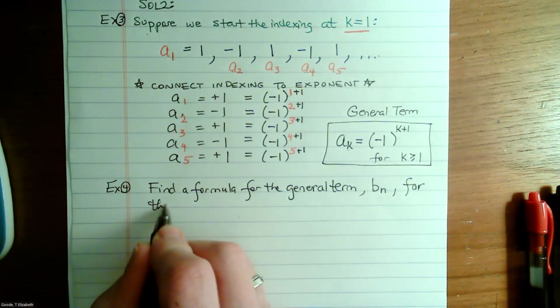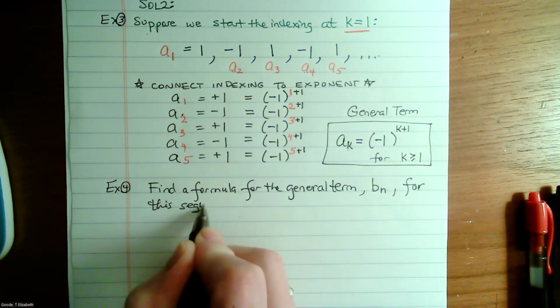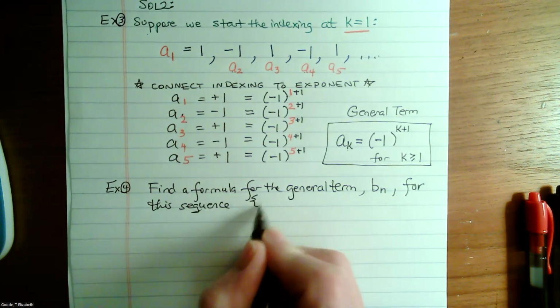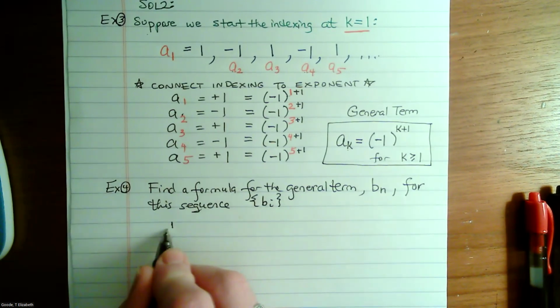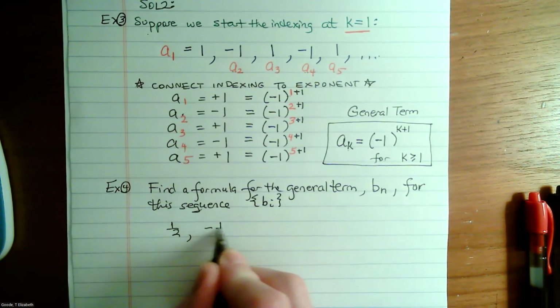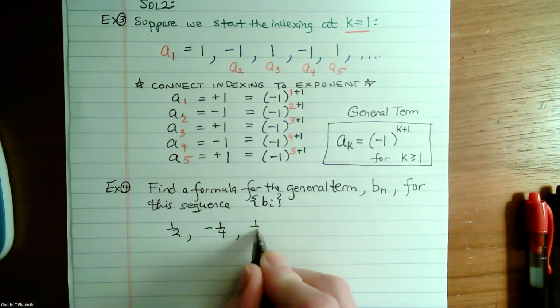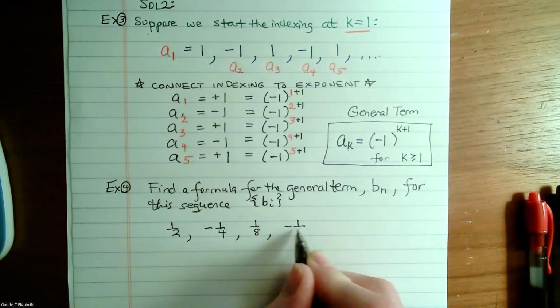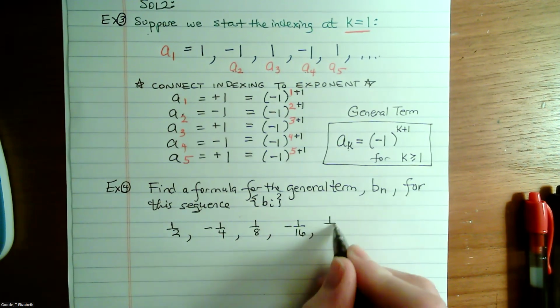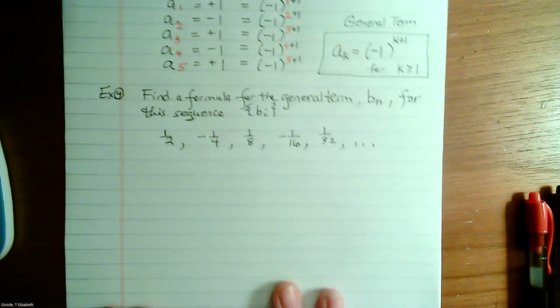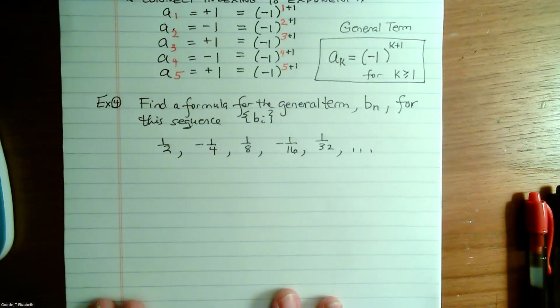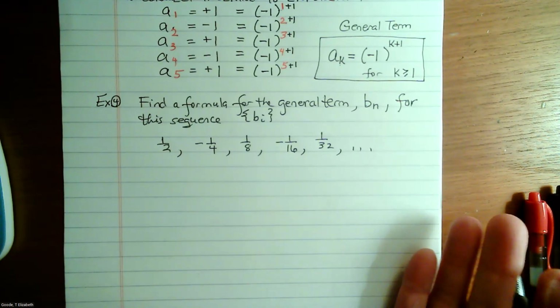And this is a sequence of B sub i's: 1/2, negative 1/4, 1/8, negative 1/16, 1/32, dot, dot, dot.